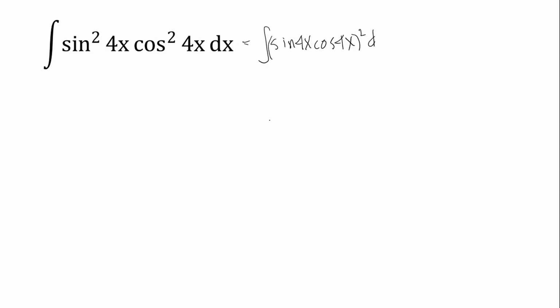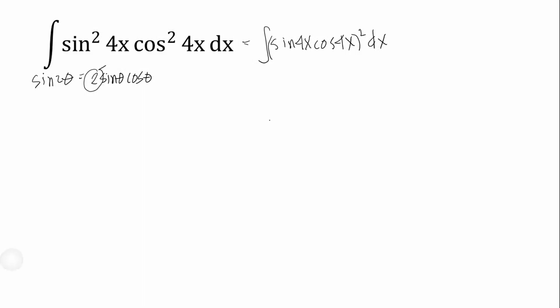squared dx. And sine 4x cosine 4x is actually derived from a double angle trigonometric identity, right? If you can recall, we have the double angle sine 2 theta is equal to 2 sine theta cosine theta. However, guys, in this function, we don't have a coefficient of 2, but in the given trigonometric identity, it has a 2 coefficient.